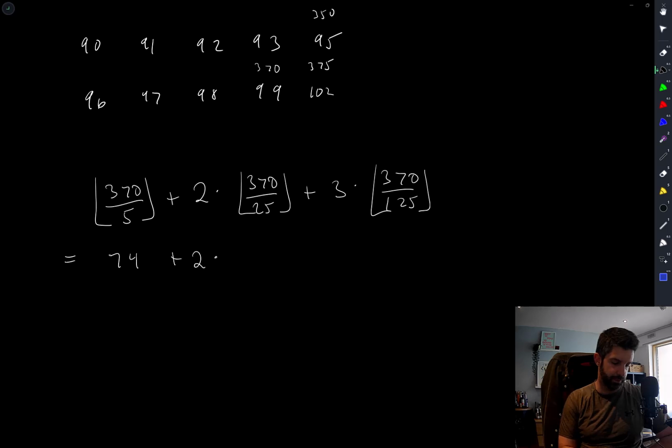plus 2 times, this is going to be 14, right? 1, 2, 3, 4, 5, 6, 7, 8, 9, 11, 12, 13, 14. And this will be, is this 2?